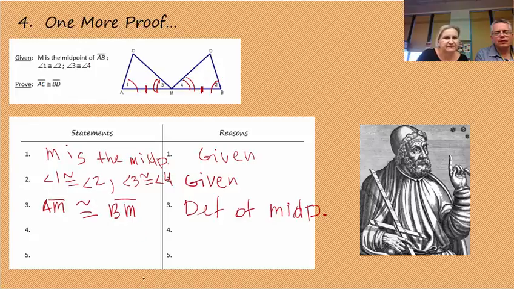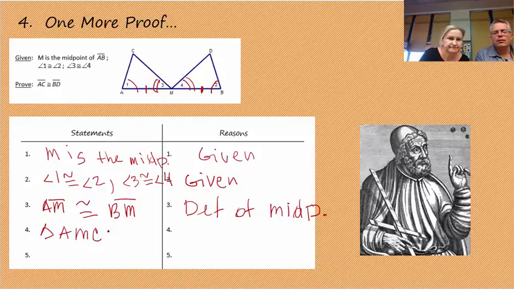Okay, so I have three pieces: angle, side, angle. So I know that the triangles are congruent using angle, side, angle. So let's write that down. Triangle AMC is congruent to triangle BMD, by angle, side, angle congruence.